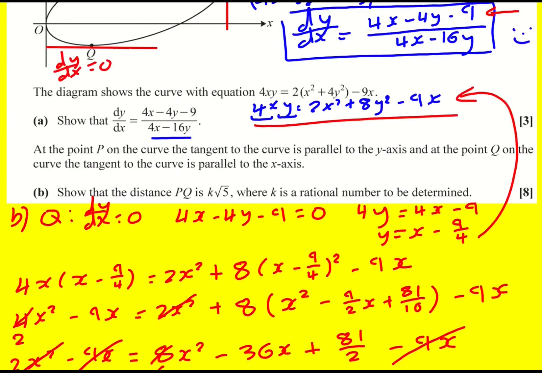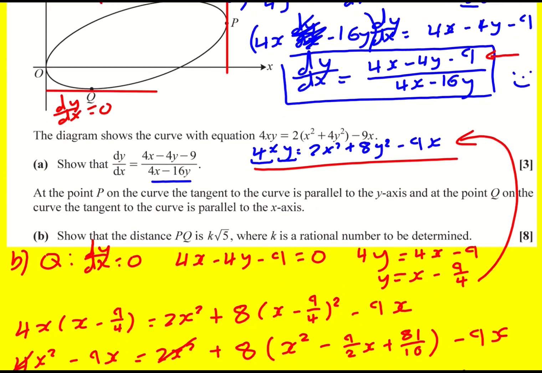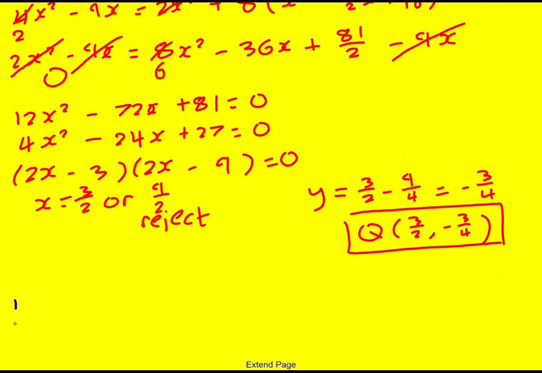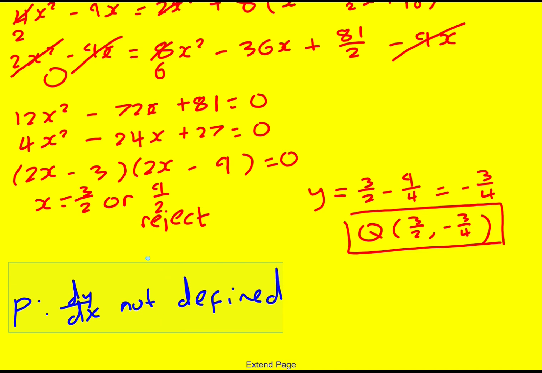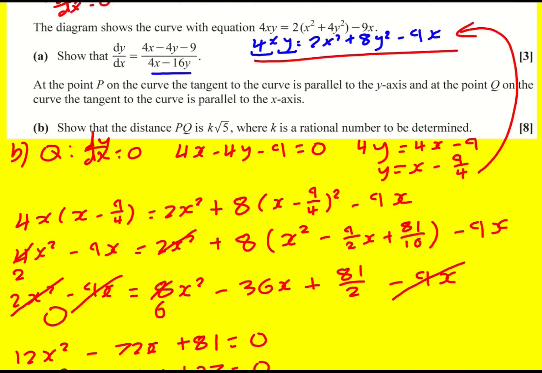All right, now on to finding p. So this is where dy by dx is not defined. Okay, so it's going to be when the denominator is equal to 0, when 4x is equal to 16y.